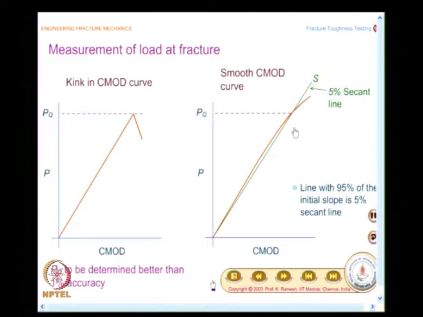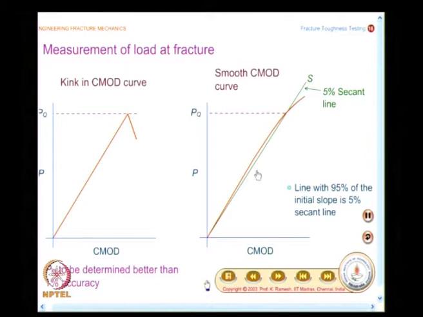You could also have the P versus CMOD curve being a curve like this. There is no apparent way that you can locate the value of PQ. In fact, it will rise and then you will have somewhere P max and then the specimen will fail. That portion of the graph is not shown. When you have a nonlinear type of response, you draw a 5% secant line. And what is a 5% secant line?